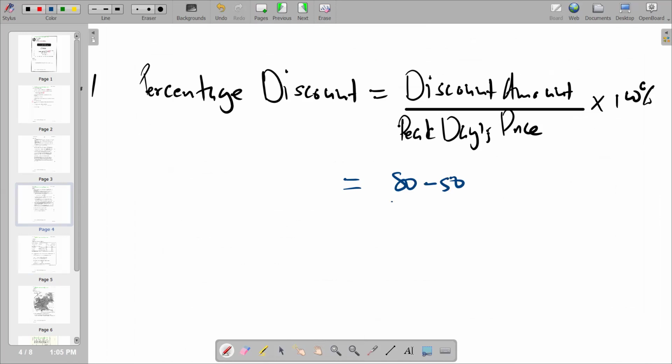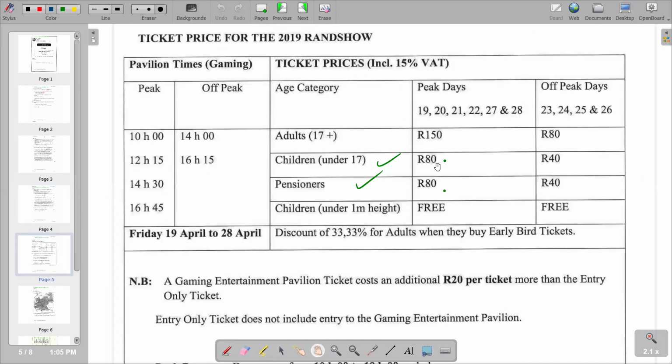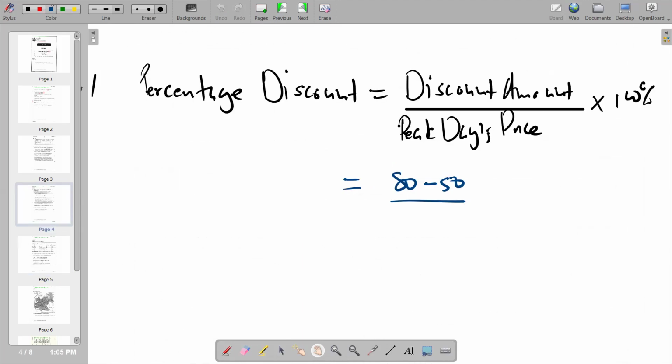Then over the peak days price, which is here, 80. That is going to be our denominator. So we say over 80, then multiply by 100 over 1.